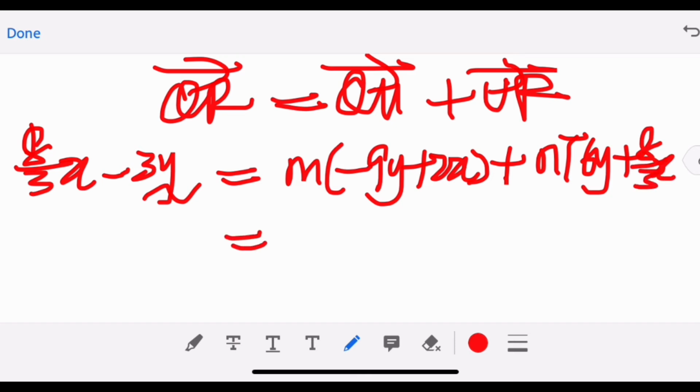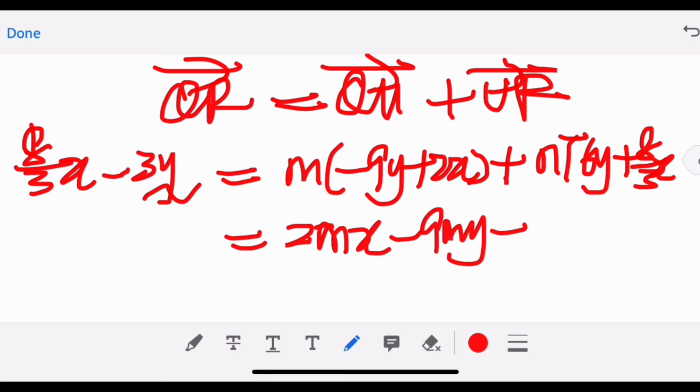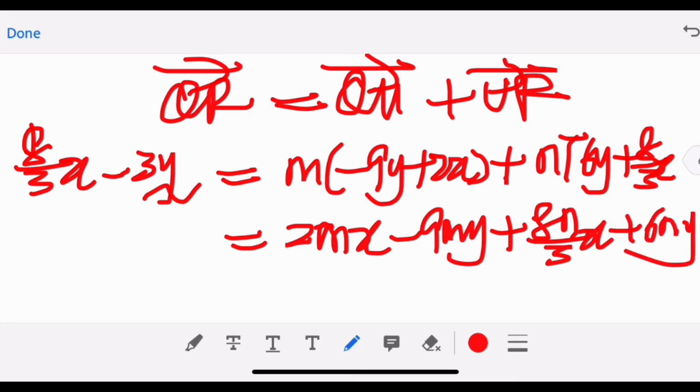So we will write at this 2mx minus 9my plus 8n. Okay, write in order so that easy.